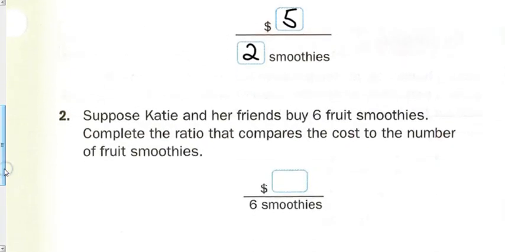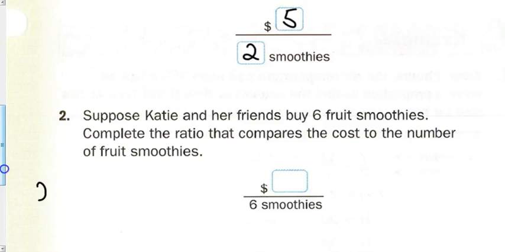Well, suppose Katie and her friends buy 6 fruit smoothies. They're smoothie binging here. We want to complete the ratio that compares the cost to the number of fruit smoothies. Well, we know she has 6 smoothies. We know 2 smoothies cost $5. So let's ask ourselves, how many groups of 2 are in that 6?